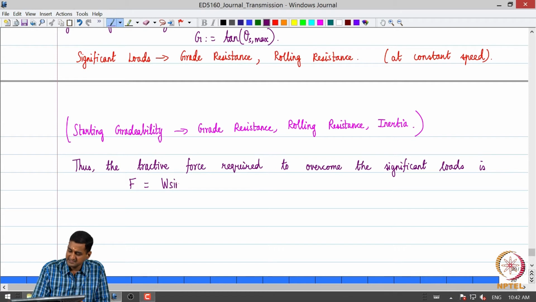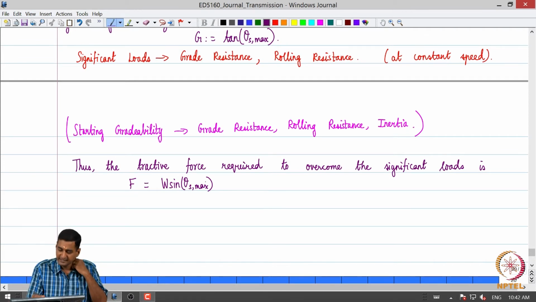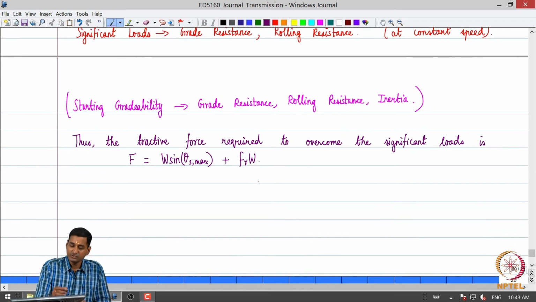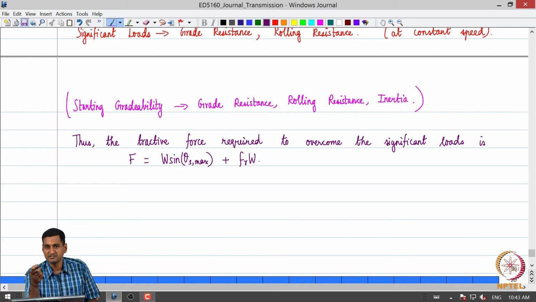This will be the grade resistance, W sin theta S max. That is the grade resistance. Then rolling resistance is Fr times W. So these are the 2 loads or forces that the powertrain should overcome for continuous gradability.